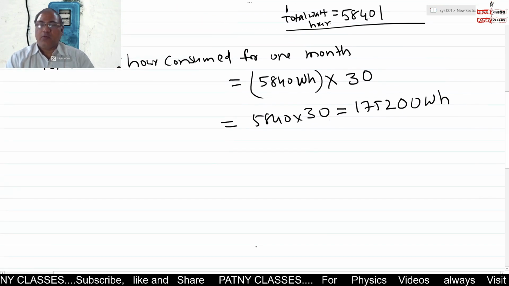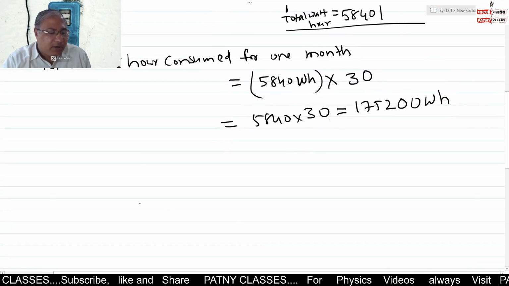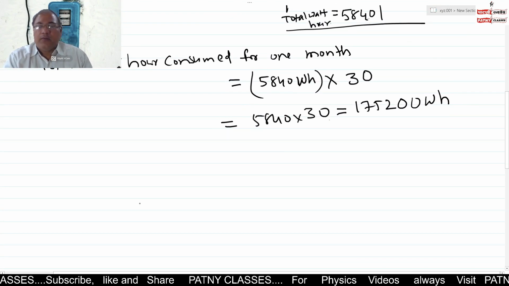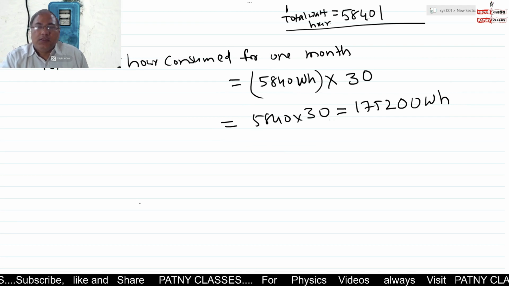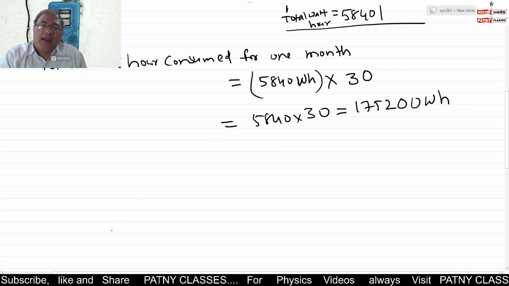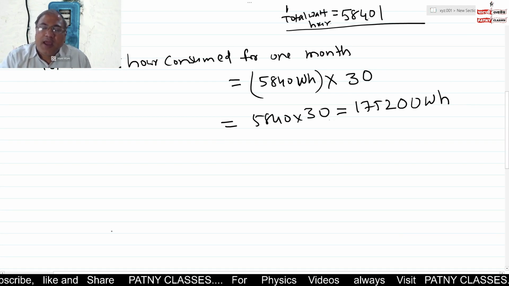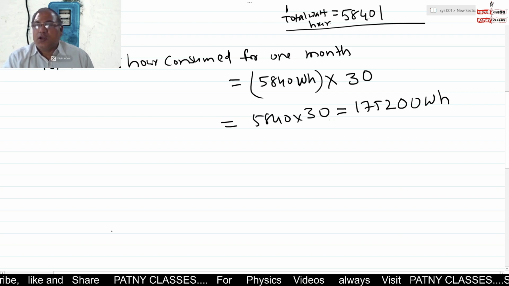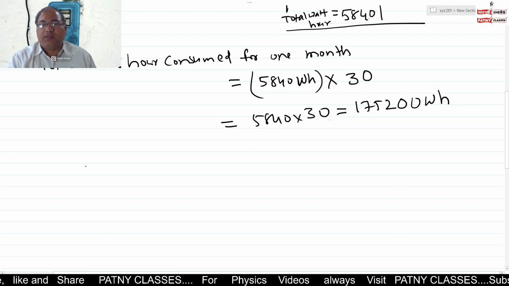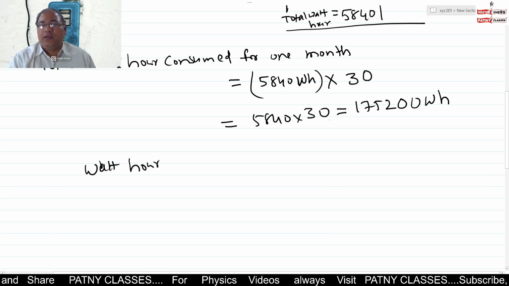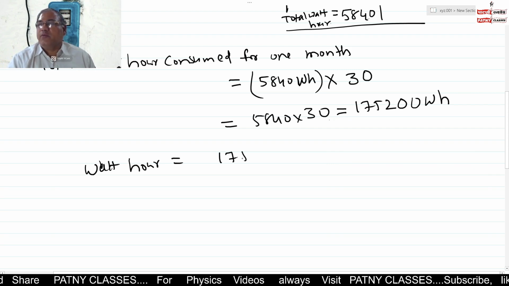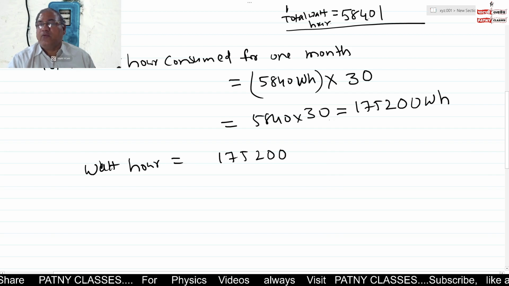Now we will convert into kilowatt hour. Why kilowatt hour? Because according to the Board of Trade unit, the unit for electrical consumption is kilowatt hour. So to convert to kilowatt hour, we have the watt hour, 175,200 watt hour.